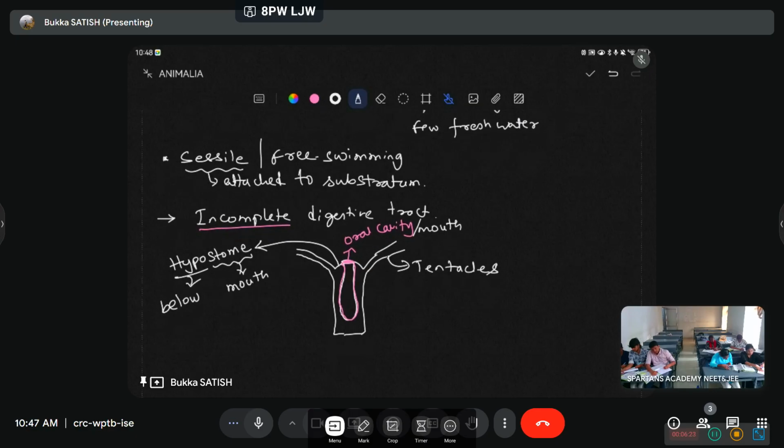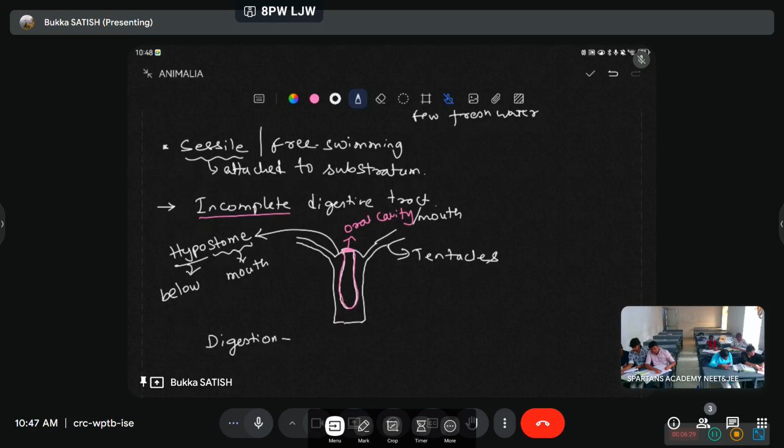Right. Next, coming to the digestion, it is both extracellular as well as intracellular. Both kinds of digestion can be seen.